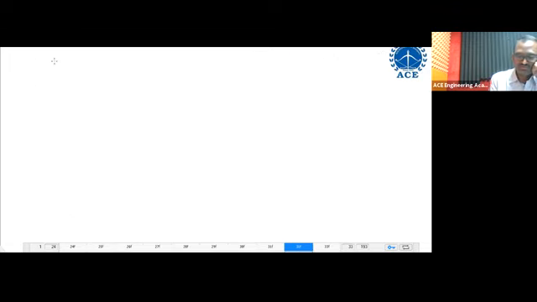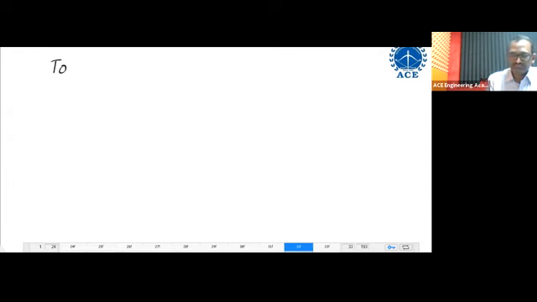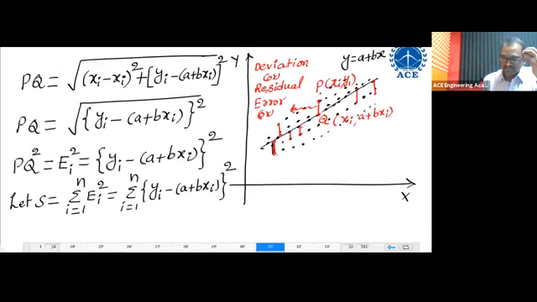Now, instead of f of x, y, I assumed it as S. To minimize S, actually to minimize f of x, y, we need to find dou f by dou x and dou f by dou y. But here, the target is to find the values of a and b.